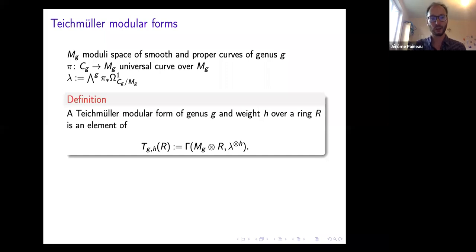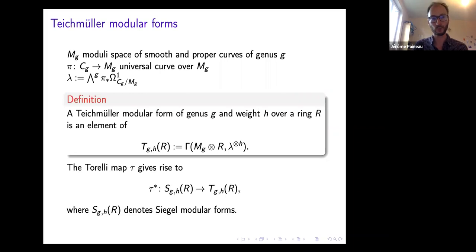So it may look like a fancy definition, but it's actually very reminiscent of what we do for Siegel modular forms, for instance, except that we don't consider MG, but AG, the moduli space of principally polarized abelian varieties of dimension G. But it goes the same way. And of course, the two kinds of modular forms are related.